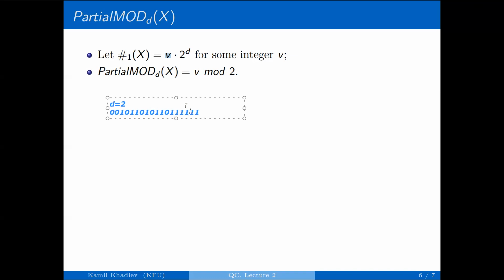Because for example, if you have v equal 3 and d equal 2, you will have initially just 3, that is 11 in binary, and if you multiply 3 times 4, that's 12, that is 1 1 0 0. So multiplying any number by 4 is just appending 2 zeros at the end.